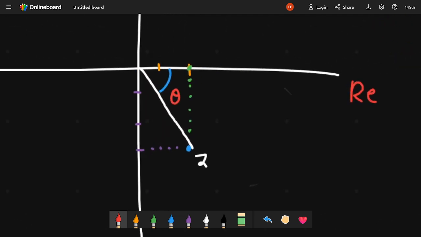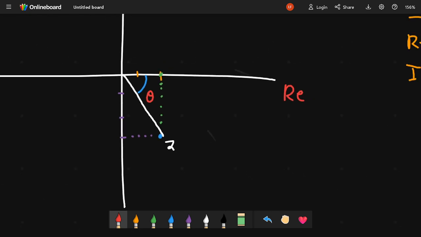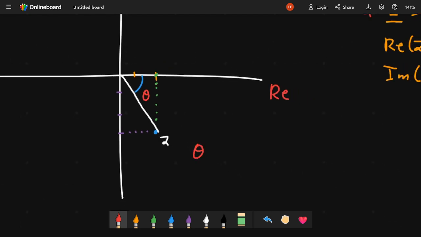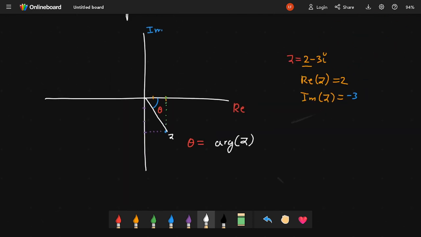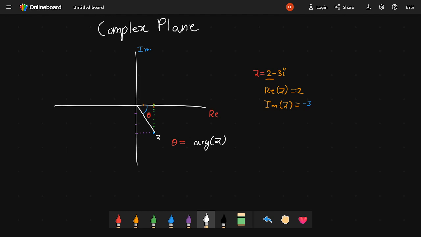And this angle right here, theta, is known as the argument of a complex number, denoted by arg of z. So this is a basic understanding of the complex plane, arguments of complex numbers, and plotting them.